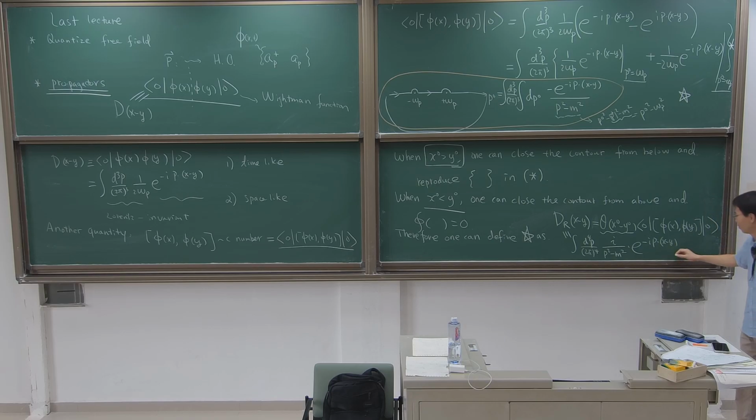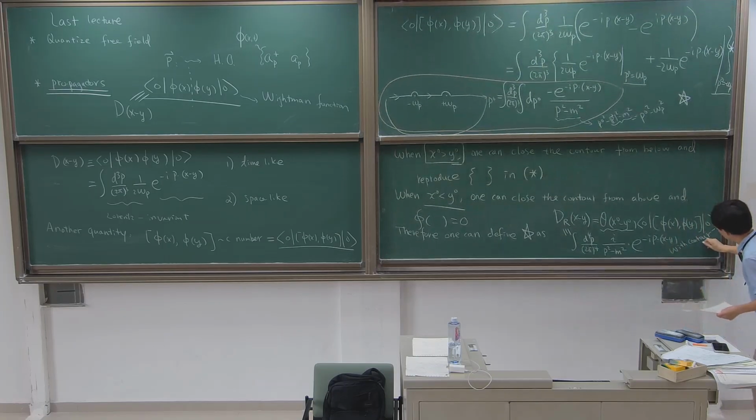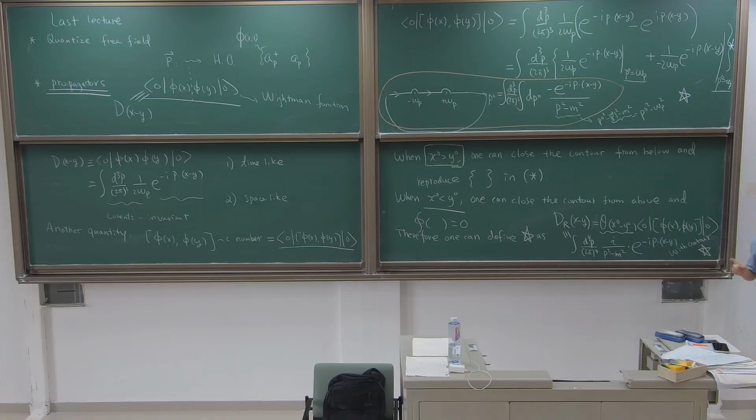You have to specify the path, or the contour. The star can also mean a particular contour. With a particular contour that I put there. Do you have any questions about these three different propagators?